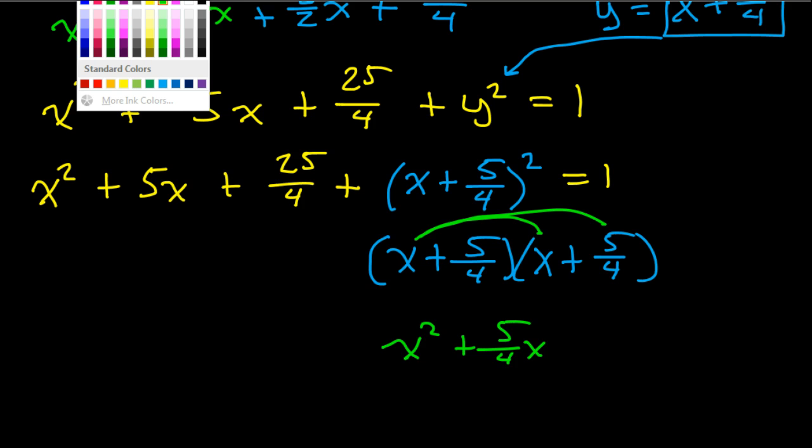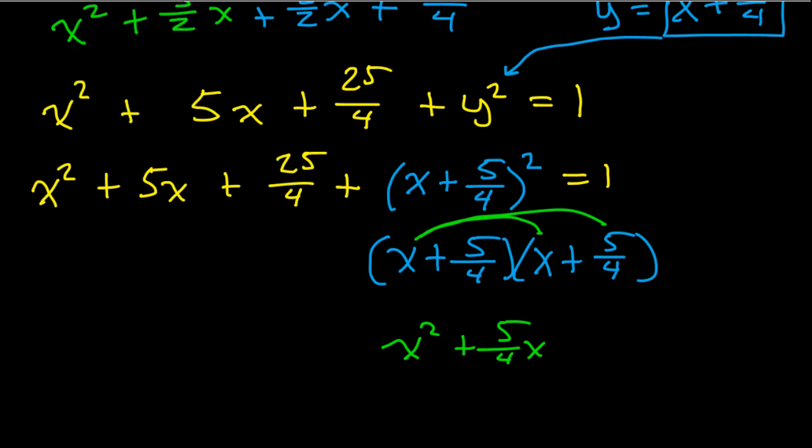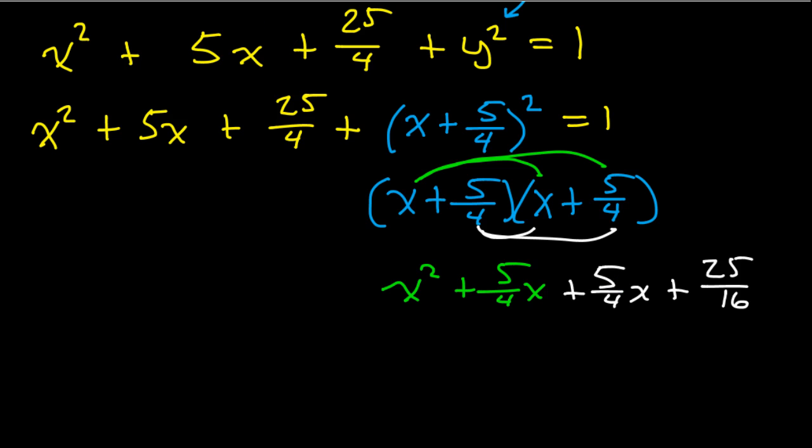And then if I distribute the 5/4, I'm going to get another 5/4 x plus 25/16. Now if I combine my like terms, I'm going to get x squared, 5 over 4 plus 5 over 4 is 10 over 4 x, plus 25 over 16. But of course 10 over 4 is 5 over 2.